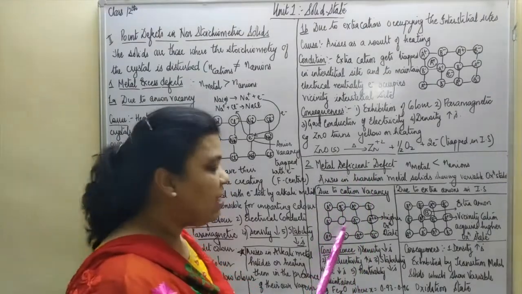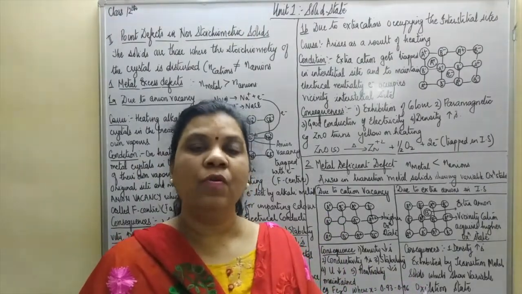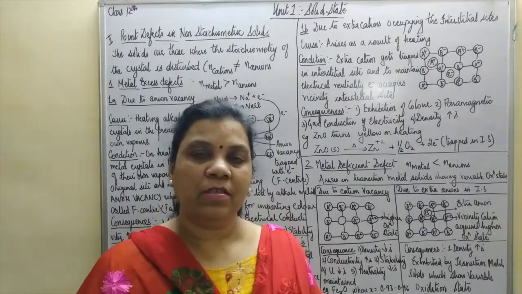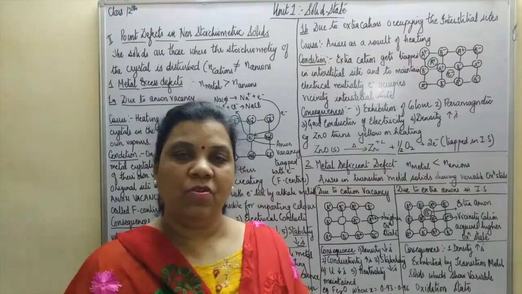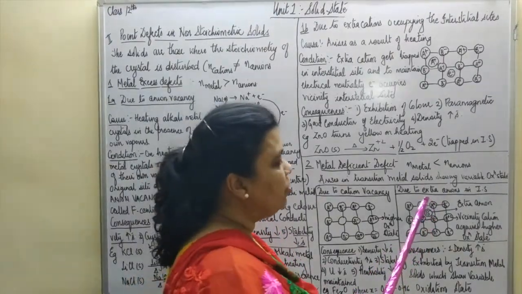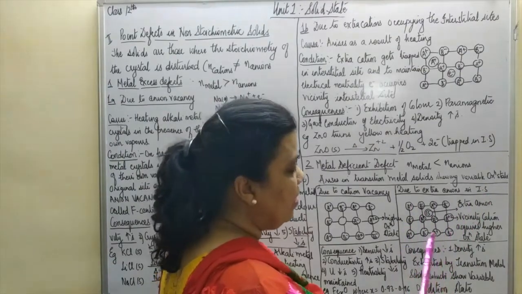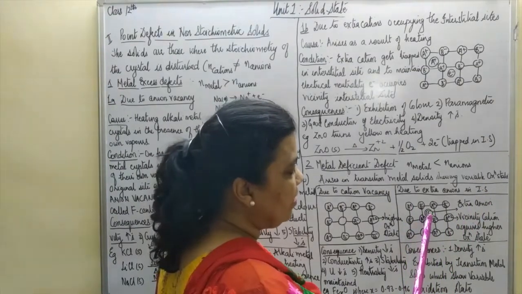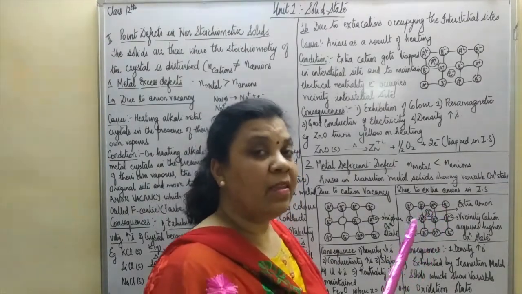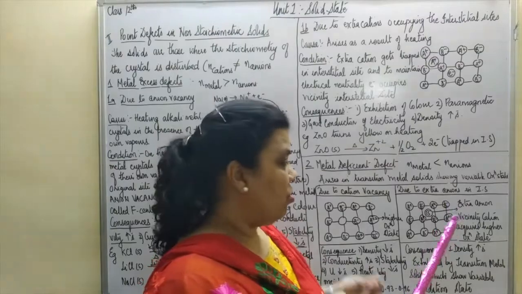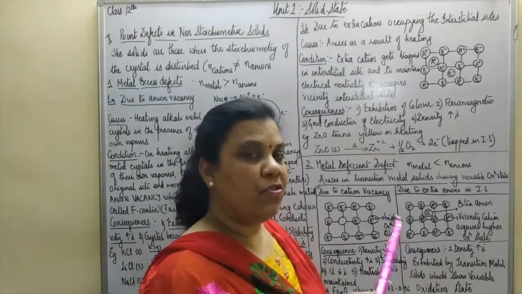Very simple to understand. A cation is being lost from its original site, and to compensate this loss of positive charge, the vicinity cation comes in the higher oxidation state. And now we come to due to extra anions occupying the interstitial site. So let us take again this crystal, and you can see extra anion has come in the interstitial site. Now how to compensate this extra negative charge? The vicinity cation will again acquire higher oxidation state.